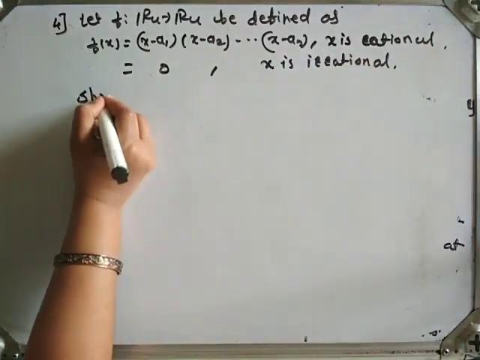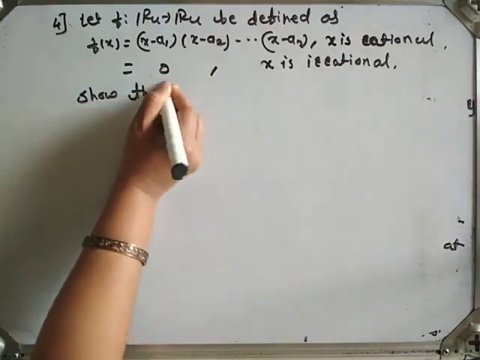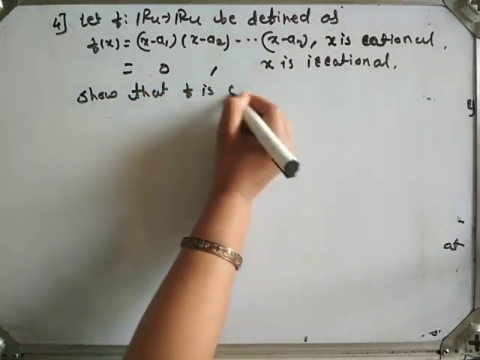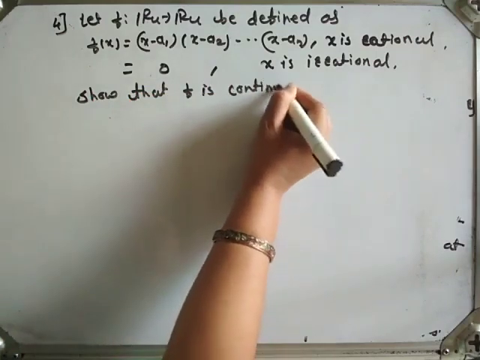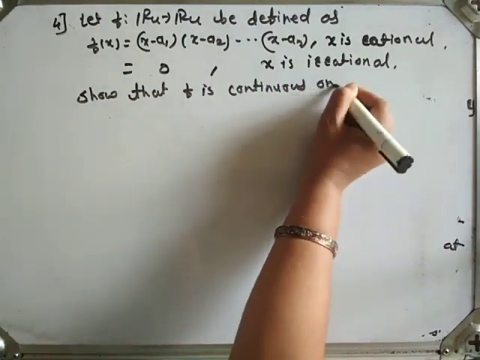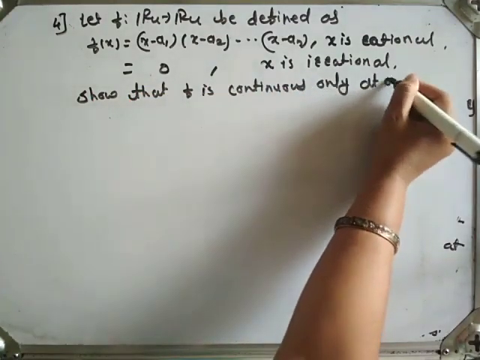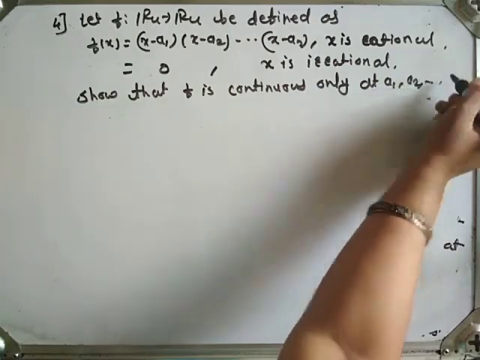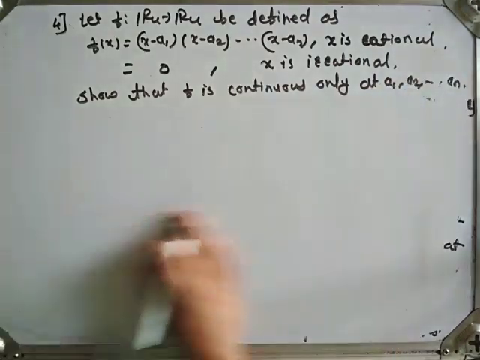Show that f is continuous only at a1, a2 and so on up to an.